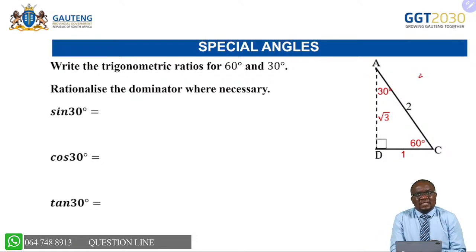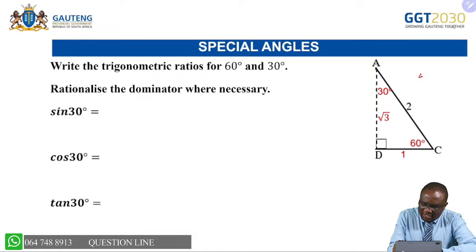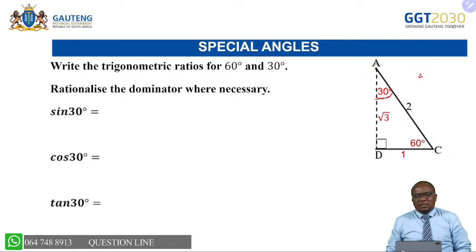Now we have opposite side, hypotenuse, and adjacent side. We're going to concentrate on the 30 degrees angle. I want you to write the 3 trigonometric ratios. Sine 30, opposite side over hypotenuse. Cos 30, adjacent side over hypotenuse. And tan 30, opposite side over adjacent side. Let's try that for 1 minute.